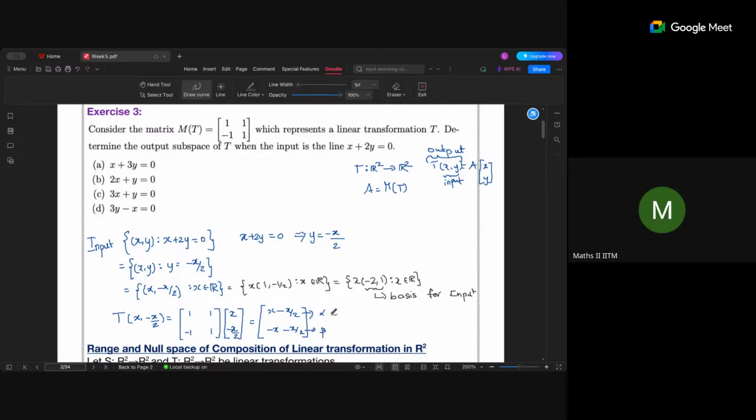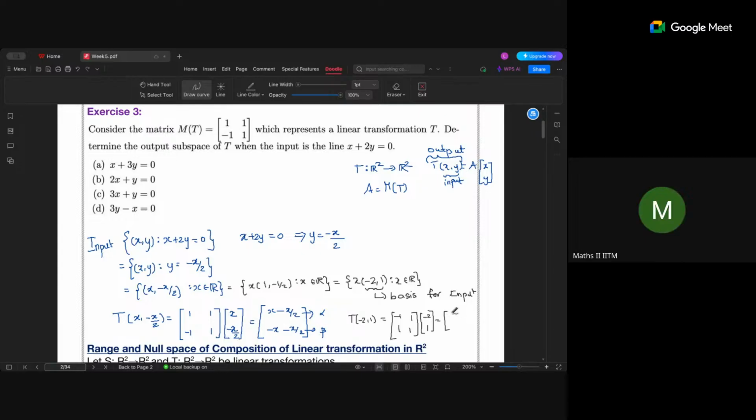Now what is T of (minus 2, 1)? Just see this and you will get a quicker answer. This is also correct, but here you may have to do some extra work, so maybe this is easier. What's the answer here? Can you tell what's the output vector? Minus 2 plus 1, 3 minus 1.